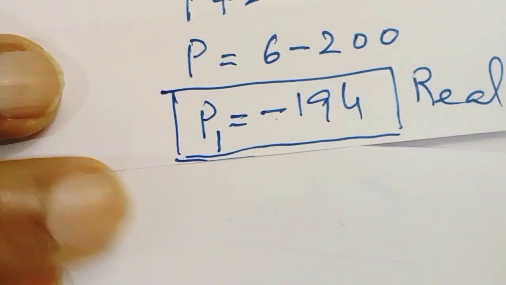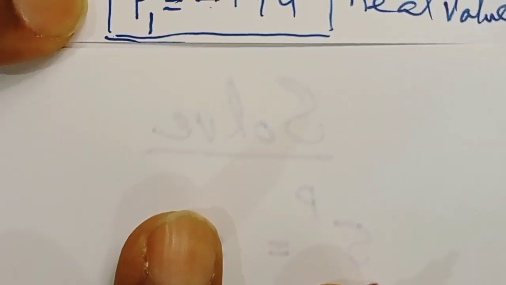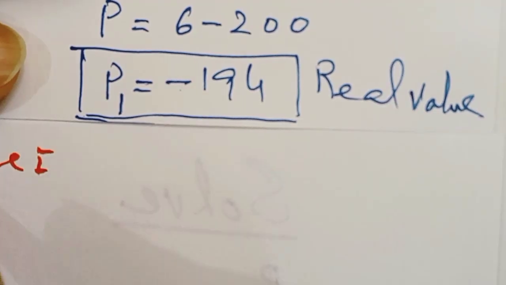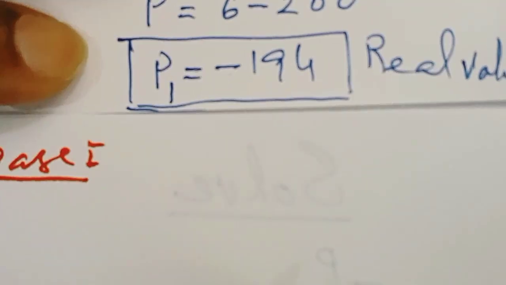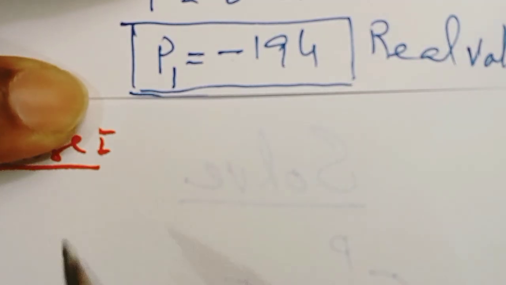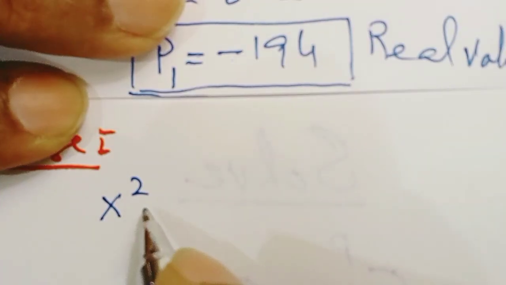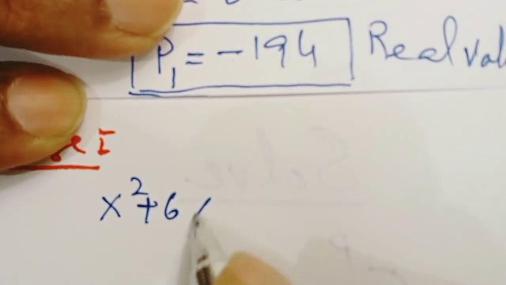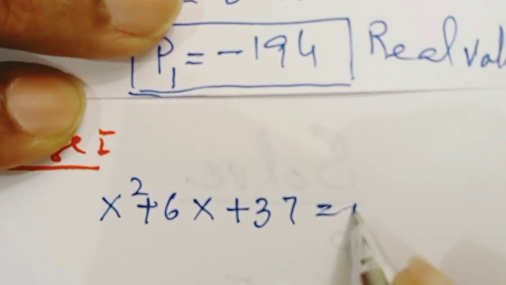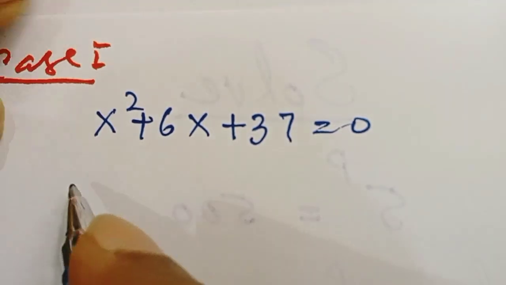So, second case, case 2, x square plus 6x plus 37 is equal to 0. So here use the quadratic formula.